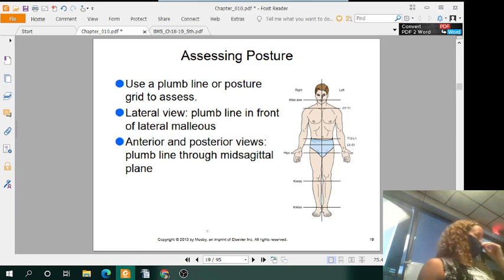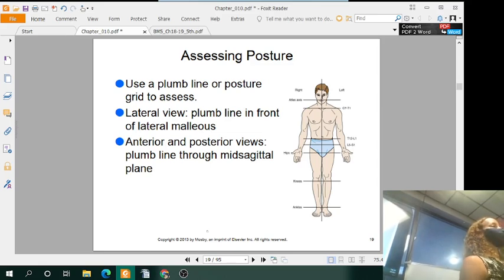What muscles in our trunk do you think are involved in posture? Abs, okay. Yay, you win. In the trunk region of the body. Good. See, another easy one.